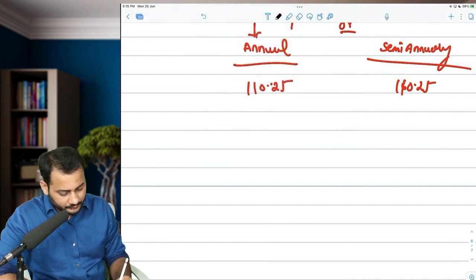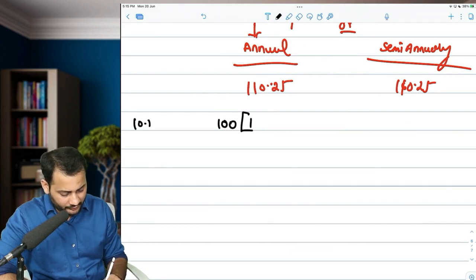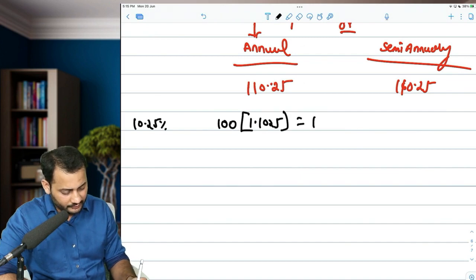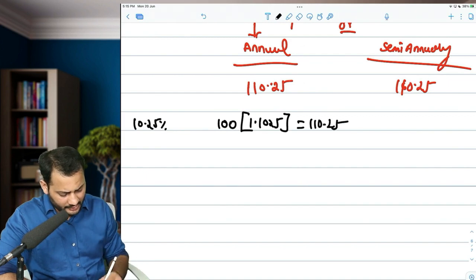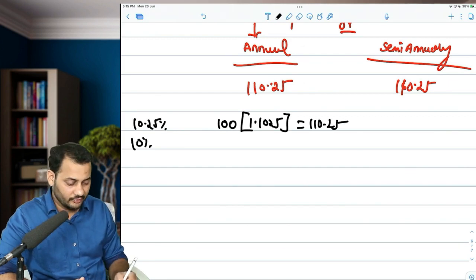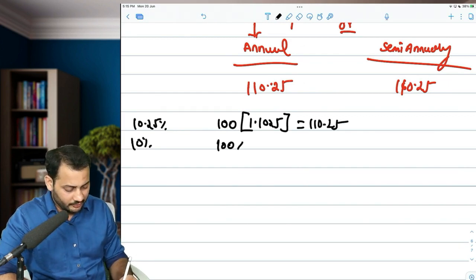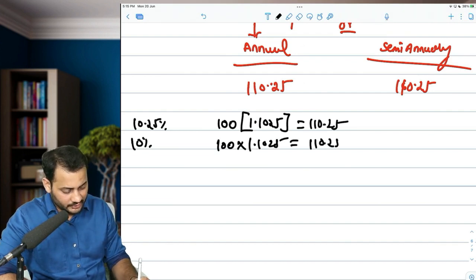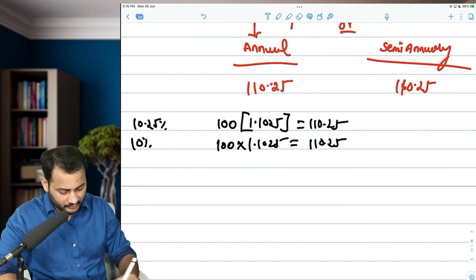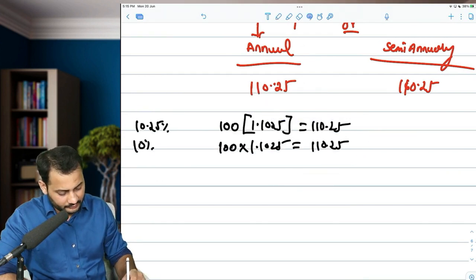So principal 100, and in case of 10.25%, 1.1025, it will give you 110.25. And in case of 10% semi-annually, the formula will change a little bit, and it will again result in the same answer of 110.25. Okay, this is not required, we can delete it now.